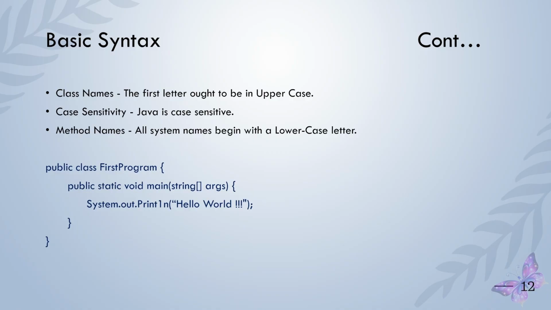For example, for the class name First Program, the first letter of each word is uppercase, but the other letters are lowercase. When you create a method, for example a method named getPrint, the g will be a small letter and the P will be a capital letter. So the method name starts with a lowercase letter.